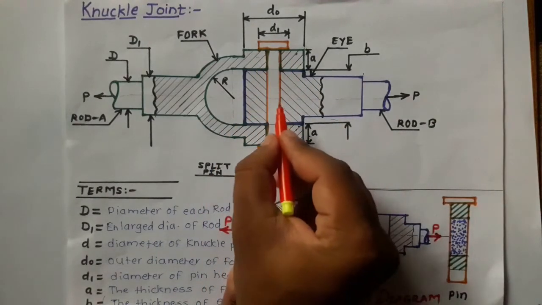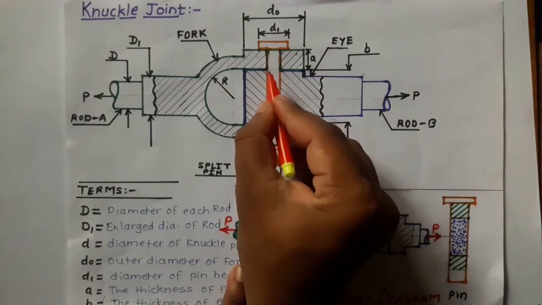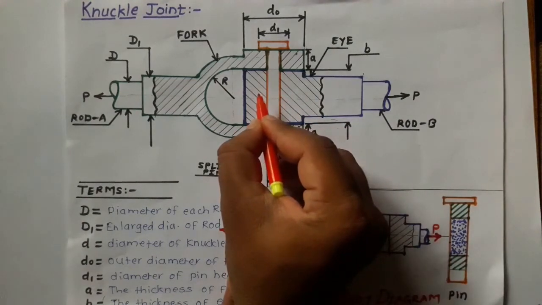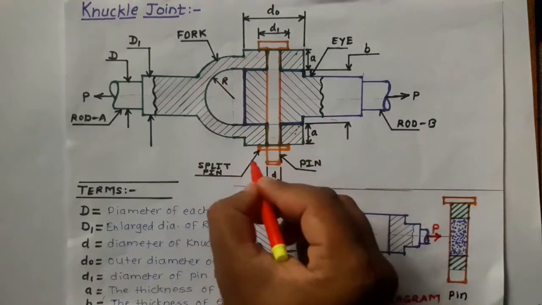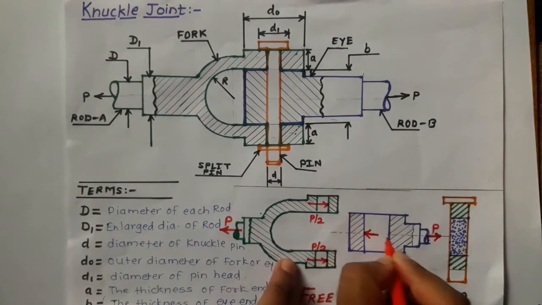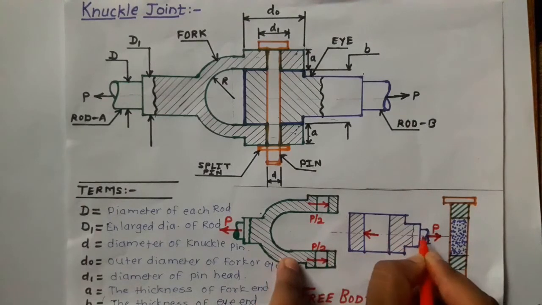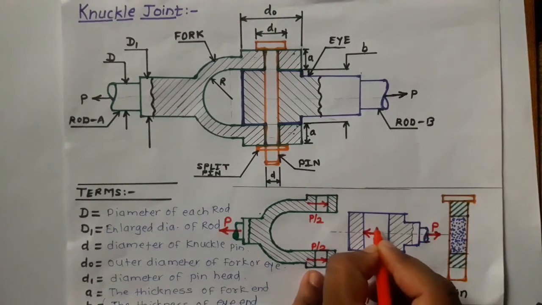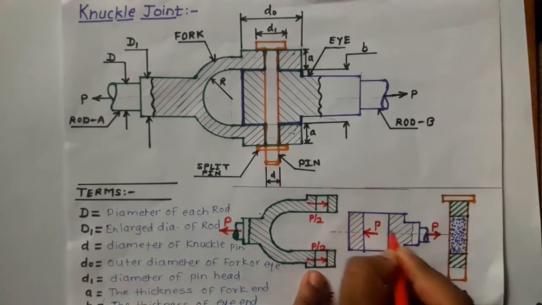So here the pin is in contact with the eye, so the pin is pulling this eye towards the left side with the help of this fork. So I can draw here this force, and this force magnitude must balance this force. So here I can write force P.